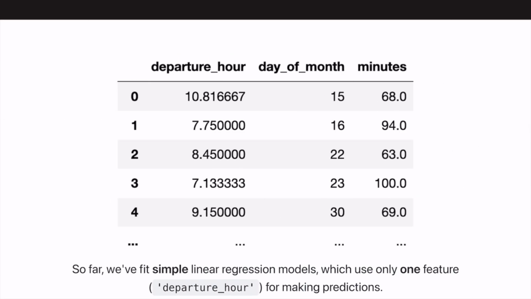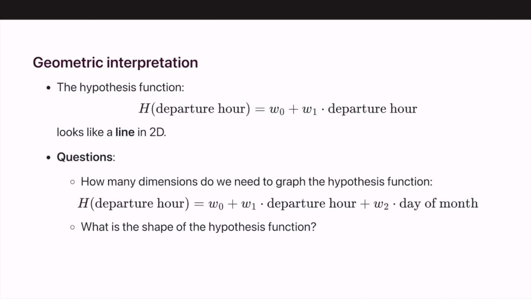It's important to know, when we look at the design matrix, we'll talk about that. So our hypothesis function, if you think back to the first few lectures, was just a constant model, which was a straight line at whatever height on the y-axis, regardless of x. Then we got a little bit fancier, and we had a new hypothesis function that allowed us to define a line in 2 dimensions, because we had an intercept, the y-intercept, and then a slope. By adding another feature, we go up in dimensions.